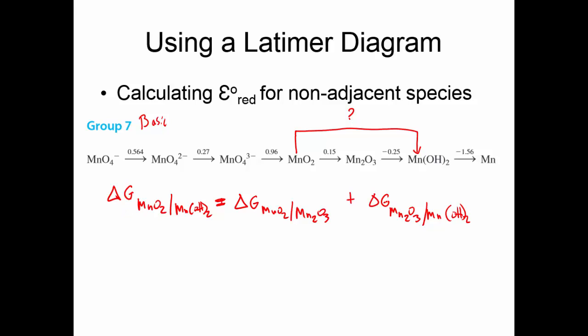So that's Hess's law, and then we recall we can relate Gibbs free energy to electrochemical potential using this relationship. So we can substitute in for all of these.